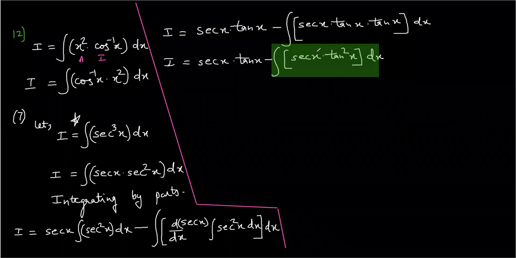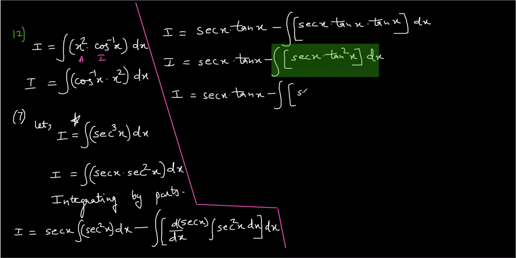That is, I shall be trying to write this into a form where I can apply the result. So I have here I equals sec x tan x minus integral sec x, and for tan square x I will write sec square x minus 1 dx.